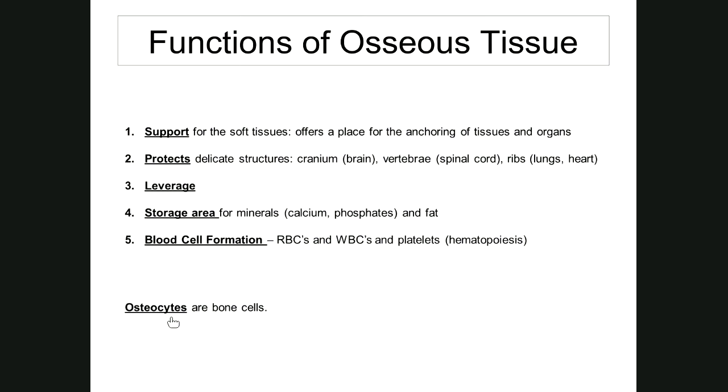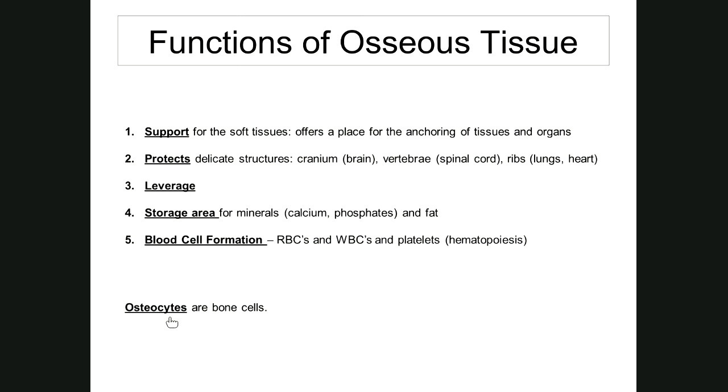The matrix gives the osseous material its hardness. It's 2/3 calcium phosphate, calcium carbonate, and mineral salts, and 1/3 collagen fibers. Remember, collagen fibers are for strength and support. The reason that your skin is so firm right now is because you're young and you have some fibroblast fiber formers that are putting a lot of collagen into your tissues, your bones and your other tissues, your skin, and it gives those tissues their strength.